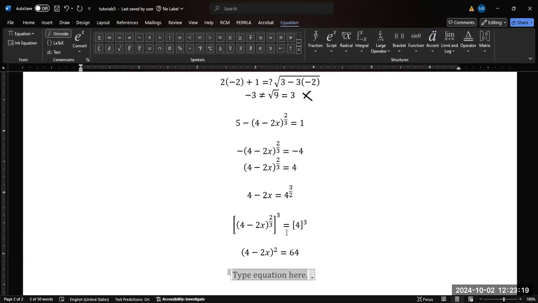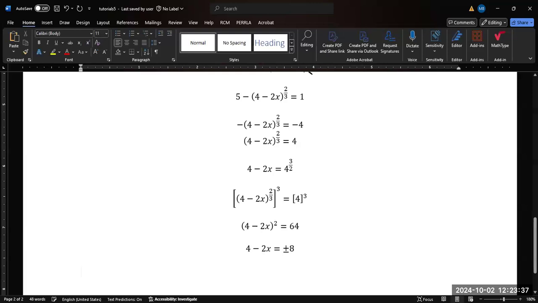But see, now when I take the square root to cancel the square, to get that 2 in the denominator over here, when I take the square root, I need to get 2 answers. And that's where the trick happens.